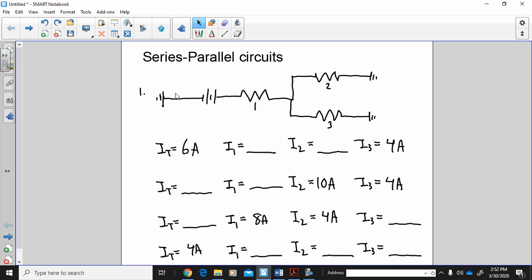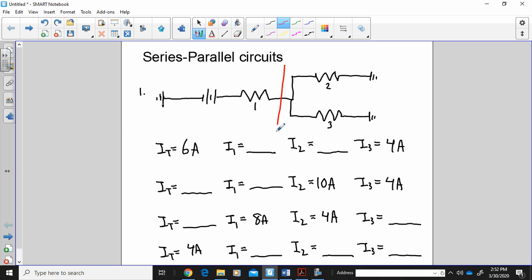Take a look at this circuit right here. From ground, we've got the battery, first resistor, then we have a branch, second resistor, third resistor, back to ground. So it's going to flow all the time. If you just look at this left side, this looks like a series circuit.